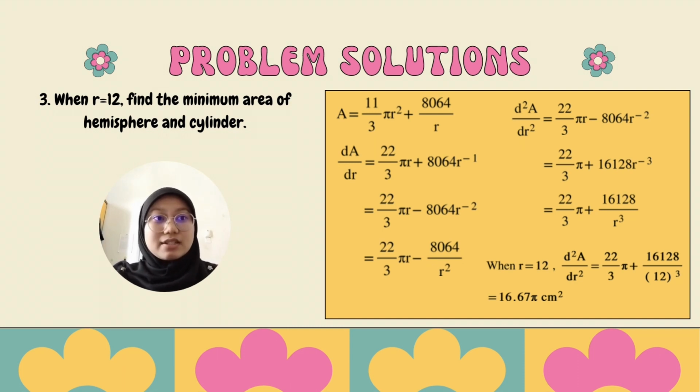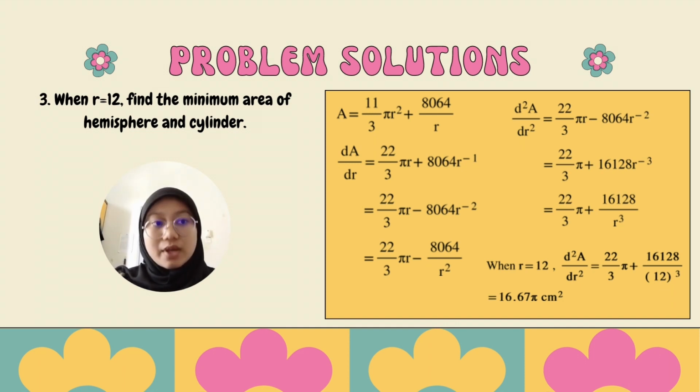That is, d squared A over dr squared equals 22 pi over 3 plus 16128 r to the power of negative 3, equals 22 pi over 3 plus 16128 over r cubed.